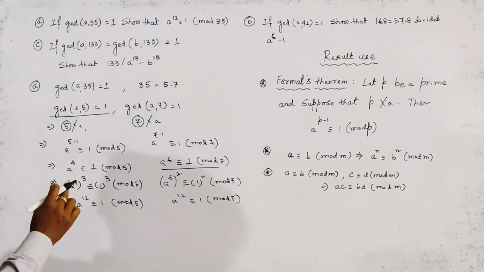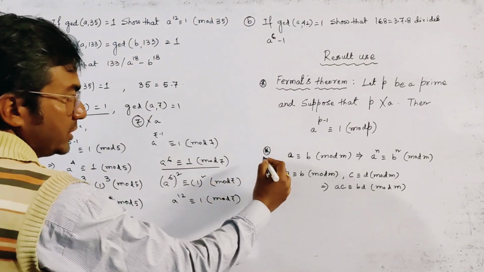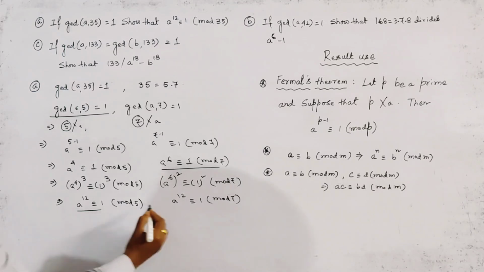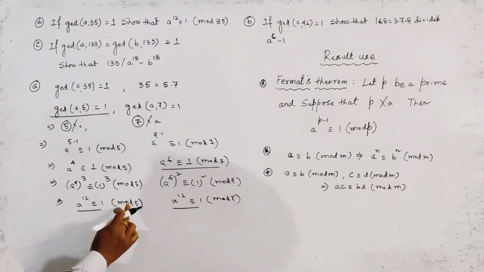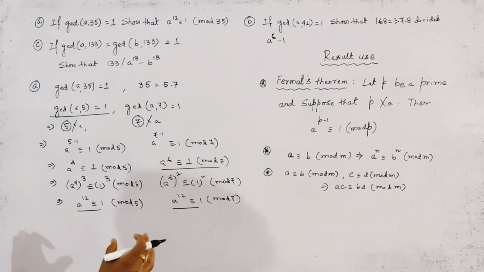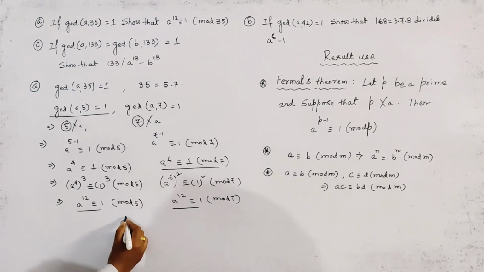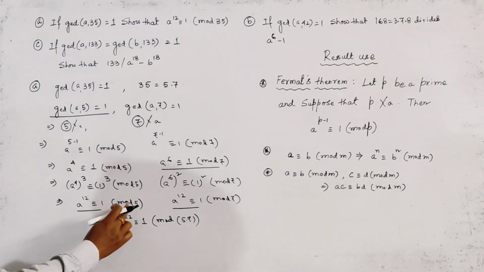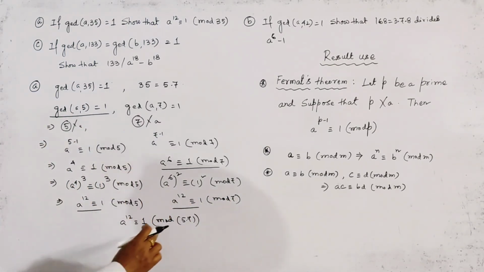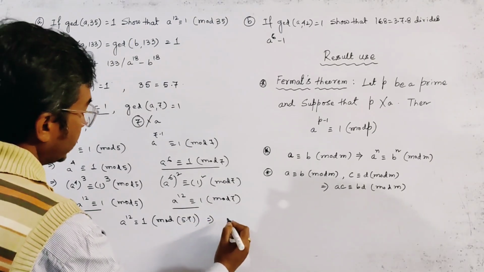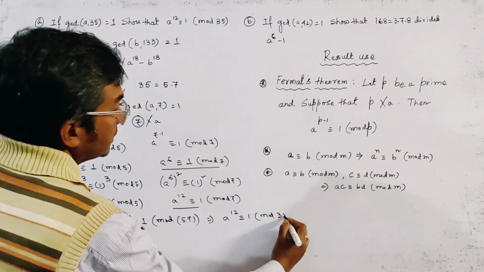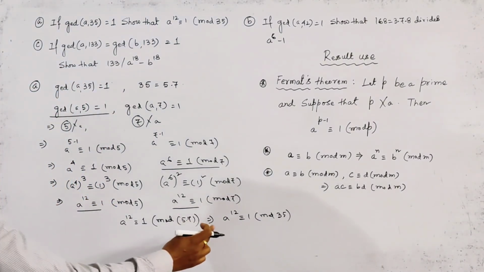For these results we use the property above. Since the exponent is the same, one result mod 5 and the other mod 7, combining both we can write A to the power 12 congruent to 1 mod 5 times 7, because 5 and 7 are prime to each other. So A to the power 12 is congruent to 1 mod 35, and this is our first proof.